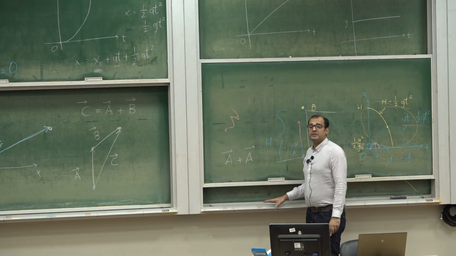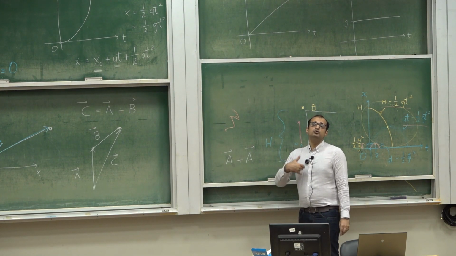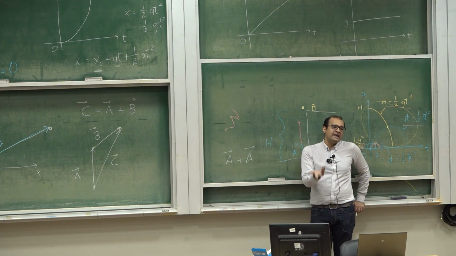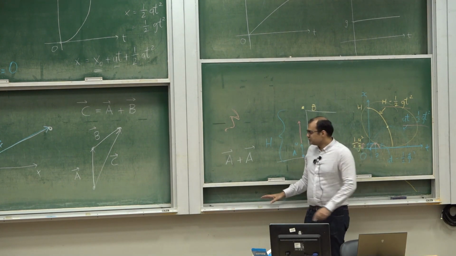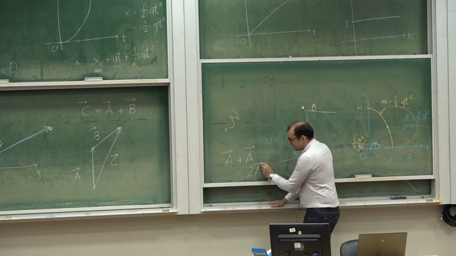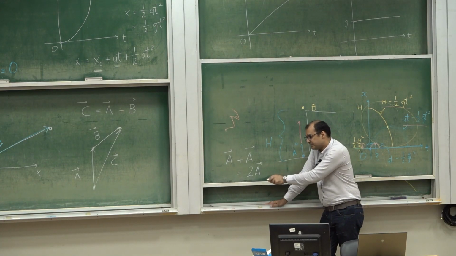Using the basic definition of multiplication, that 2 plus 2 can also be written as 2 times 2, 4 plus 4 can also be written as 2 times 4. So, using that as my inspiration, I write this as 2 times A. I am just writing it as 2 times A. But now I have to interpret it.